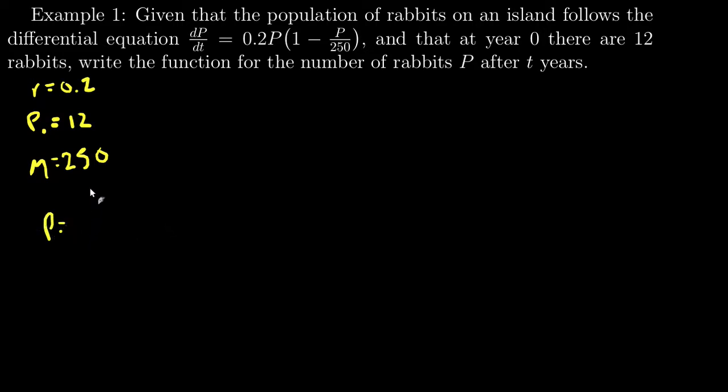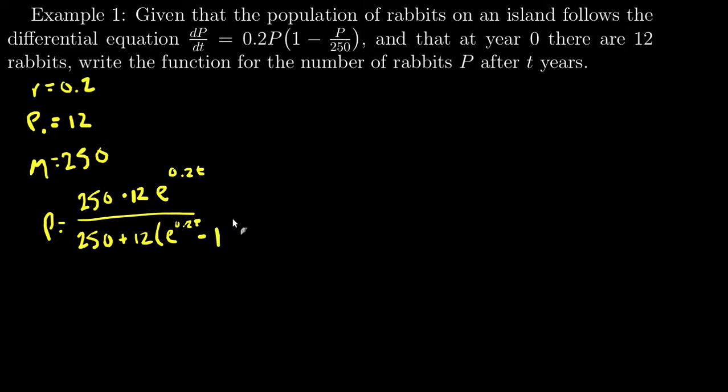Based on what we just saw, I can jump straight to the solution. So p equals m p naught, so 250 times 12, e to the 0.2t, all over m plus p naught, e to the rt minus 1, so e to the 0.2t minus 1. 250 times 12 should give me 3,000.